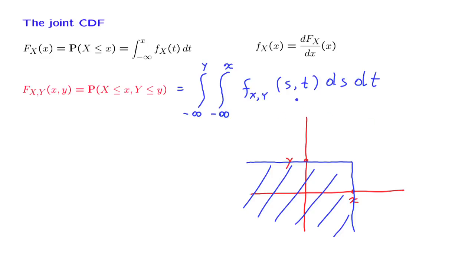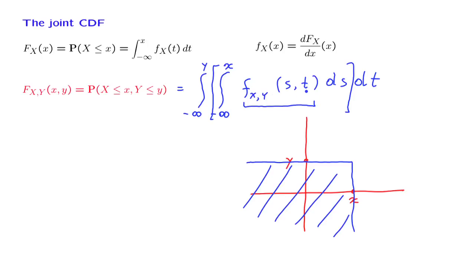Now let us see what happens if we start taking derivatives of this expression. If we take the derivative of this expression with respect to y, what is left is the inner integral. And if we take now a derivative with respect to x of this inner integral, we will be left with just the joint PDF.